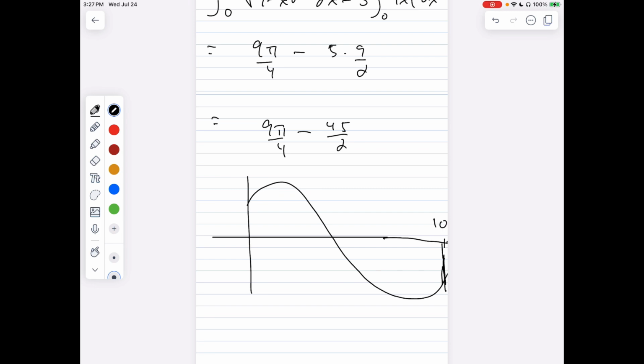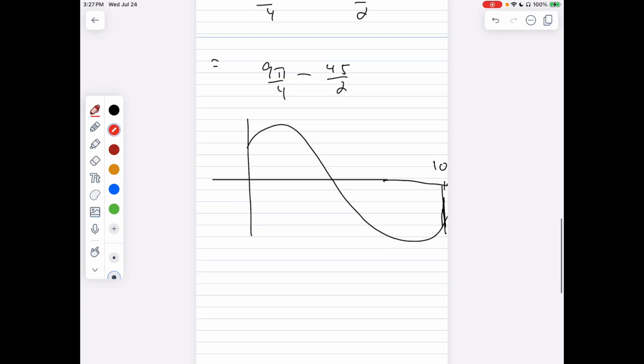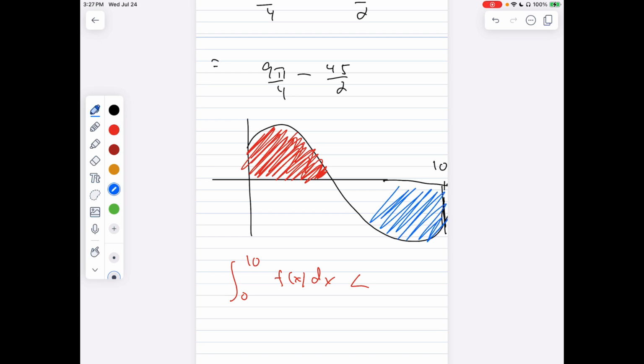If I were to find the integral from 0 to 10 for this function, it would come out to be negative. Why? Because you've got area above the curve and area below the curve, but the below area is more than the above area with respect to the x-axis. So you definitely can get a negative value for this.